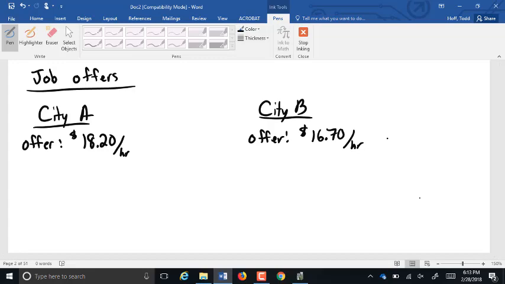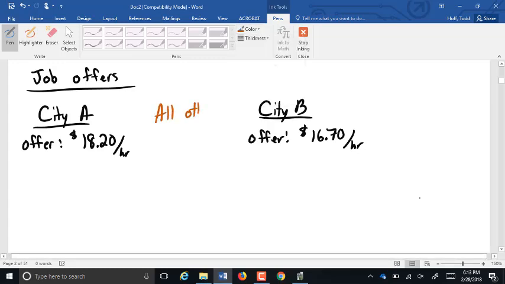No. There's cost of living considerations to take into place. Now, you can't just compare this wage to all wages in that area because you're just starting out. You have to compare apples to apples. So what you need to do is compare it to all other starting wages in each area.